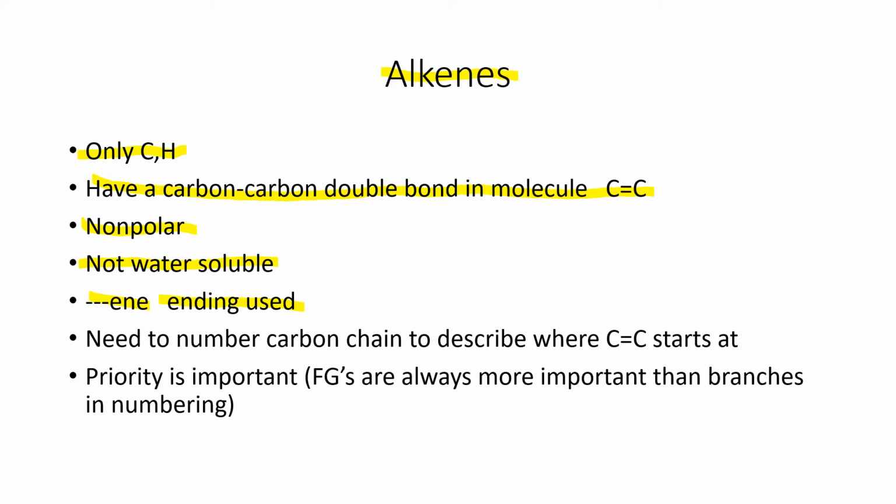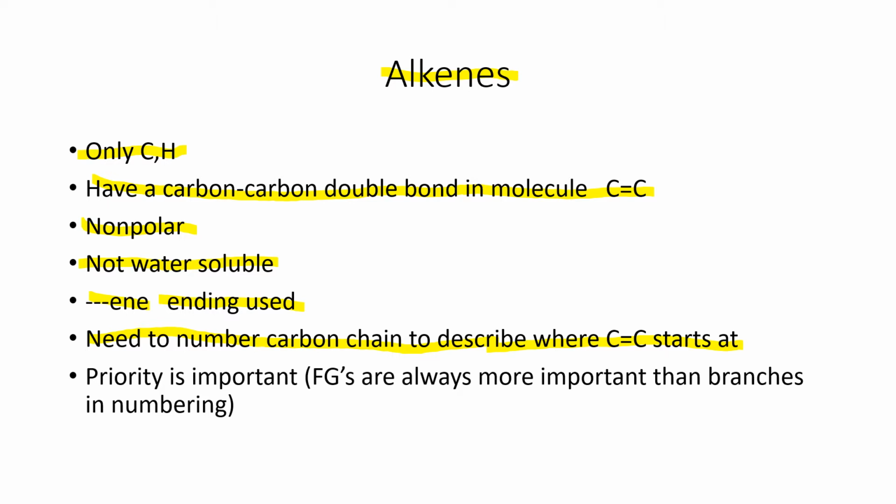There's going to be a couple of things that are new with alkenes and some of the other functional groups that we'll be talking about that we didn't have to worry about for our alkanes. We're going to need to number the carbon chain, not just for branches, but to describe the exact location of this carbon-carbon double bond. We're also going to have multiple important features in the molecule.